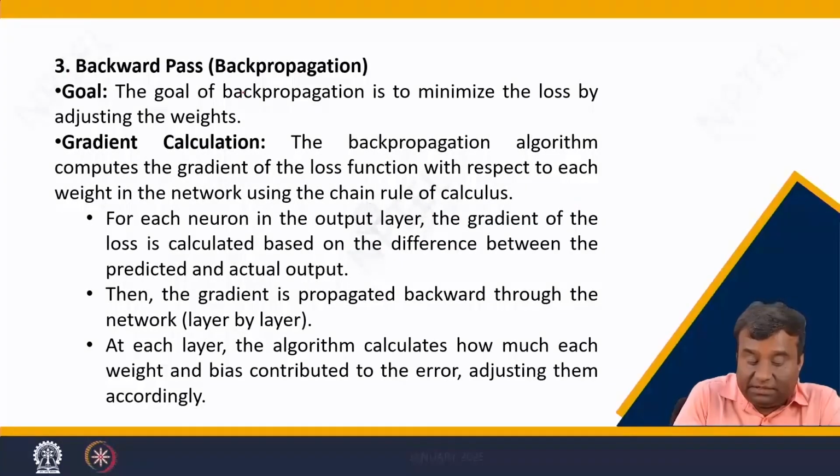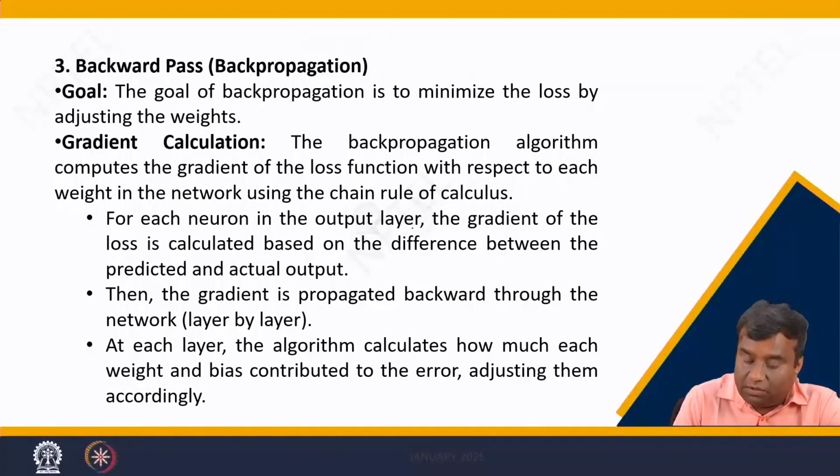Step 3 is the backward pass, that is backpropagation. The goal of backpropagation is to minimize the loss by adjusting the weights, that is gradient calculation. The backpropagation algorithm computes the gradient of the loss function with respect to each weight in the network using the chain rule of calculus.